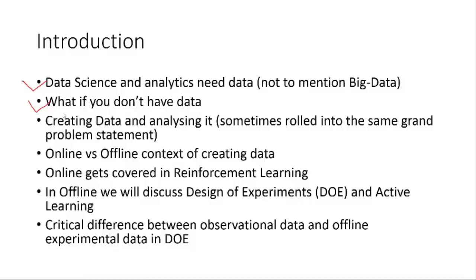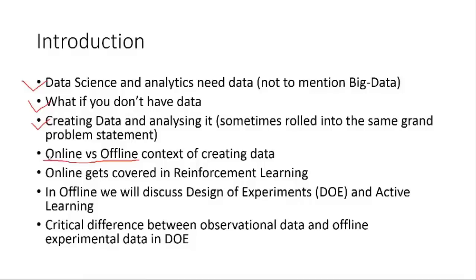Now, when we speak about creating data, a very important factor is whether this is an online context or an offline context for creating the data. What do we mean by that? Online does not mean that you're on the internet. It means something different here.